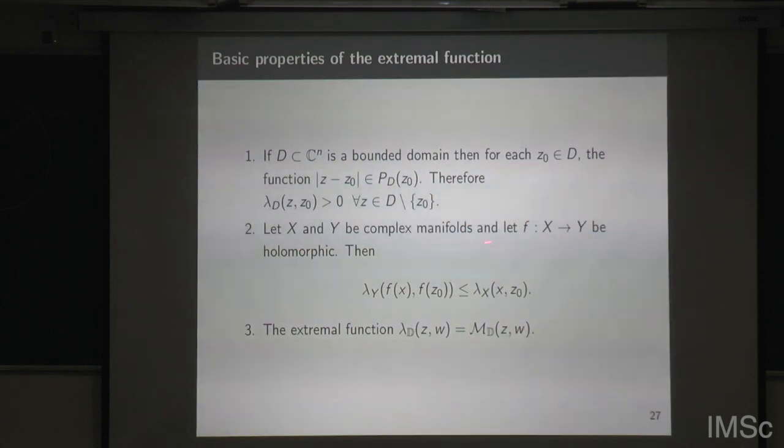Suppose you have complex manifolds X and Y and a holomorphic mapping f from X to Y, then lambda_Y(f(x), f(z0)) is less than or equal to lambda_X(x, z0). So in some sense holomorphic mappings are distance decreasing, even though this is not a distance. And the extremal function for the disk coincides with the Mobius distance.